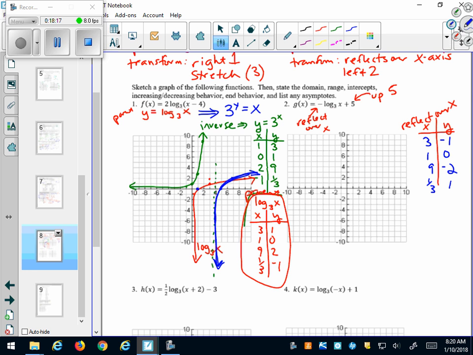So 3, -1, 1, 0, 9, -2, 1/3, 1. This is the reflection over the x-axis.